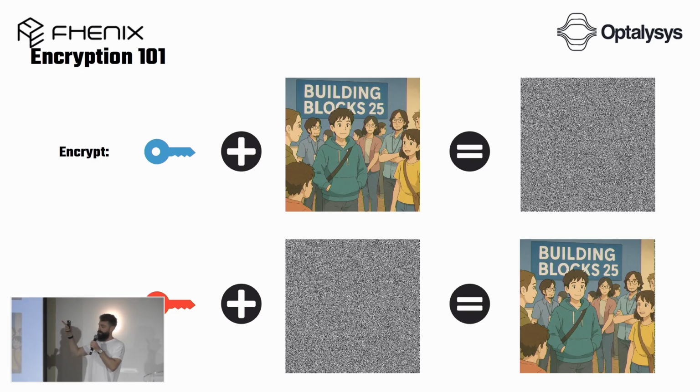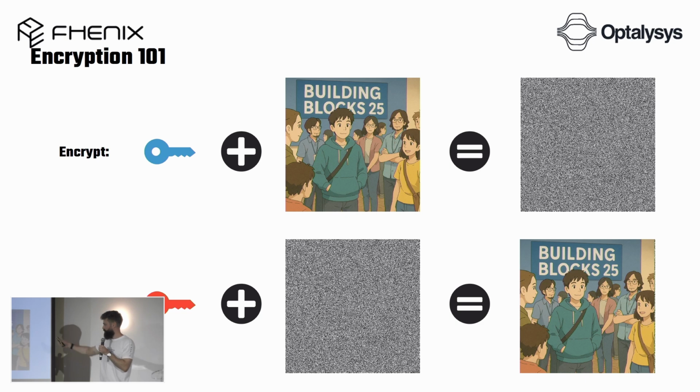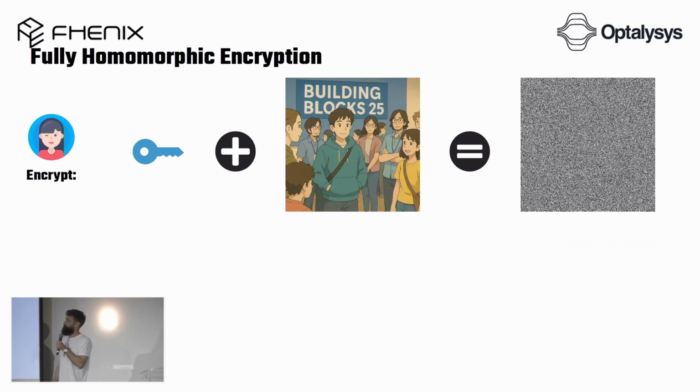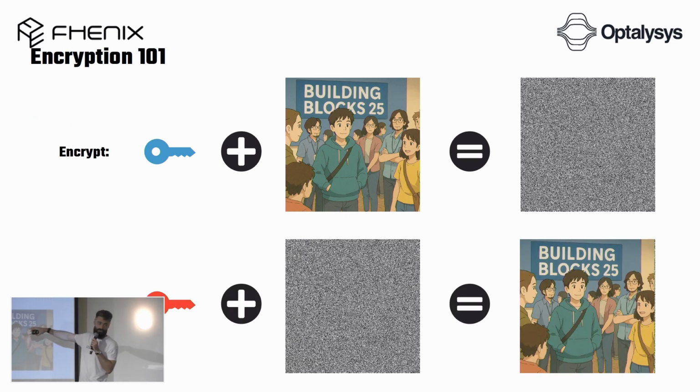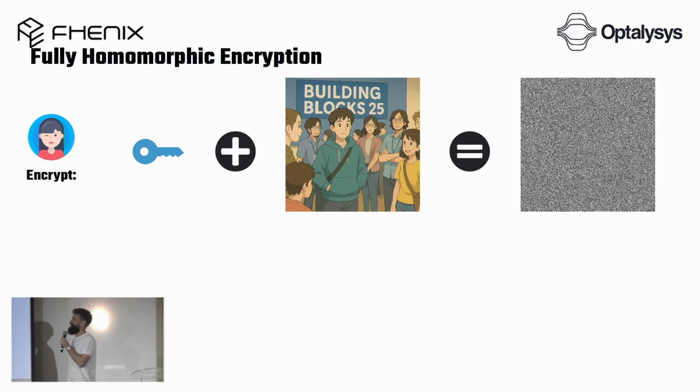We do a mathematical operation, combining this image with the encryption key, and we get an encrypted blob that no one else can read or understand. Then we take this blob and do a decryption and get back the original data, or image in this case. This is traditional encryption, and it works, and our entire lives are based on this.